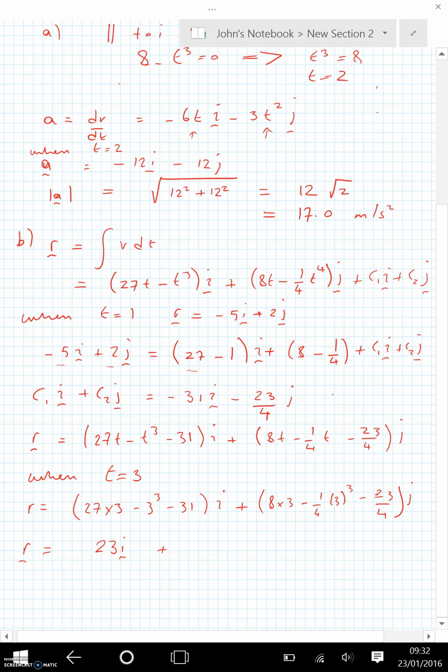If you remember, that was t to the 4. So that's to the 4. It's very strange, I changed it from a 4 to a squared to a cube. So anyway, we've got a 4 there. Let's try again. So that's 8 times 3 minus 81 divided by 4 minus 23 divided by 4, which is equal to minus 2. And that's our answer. Thank you very much.